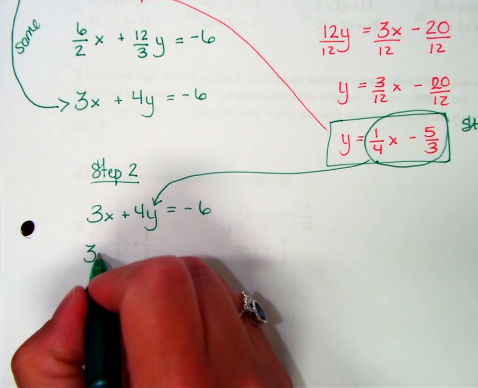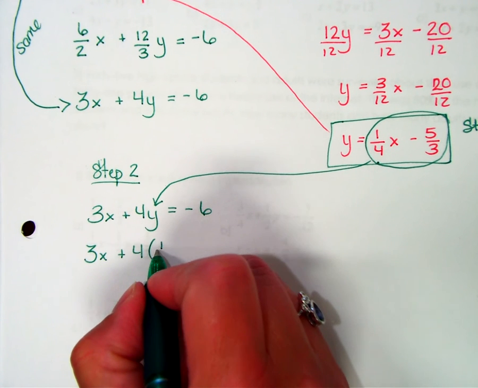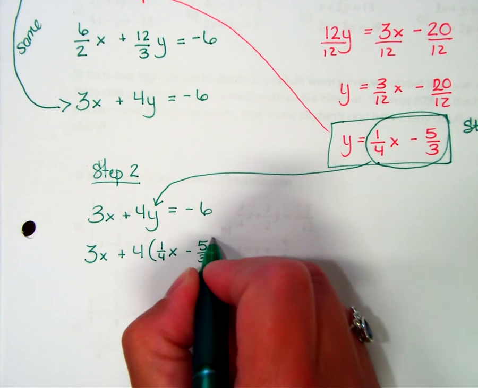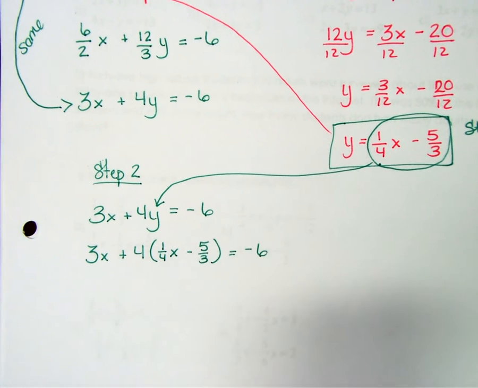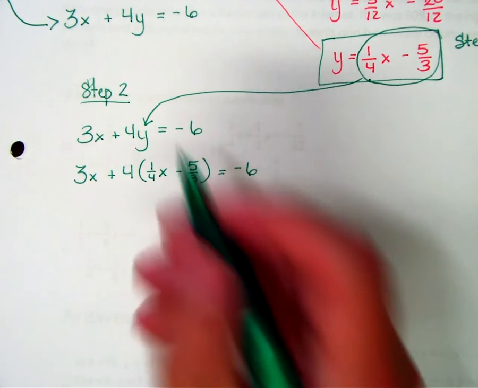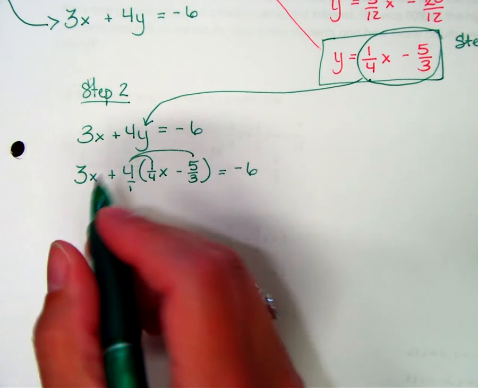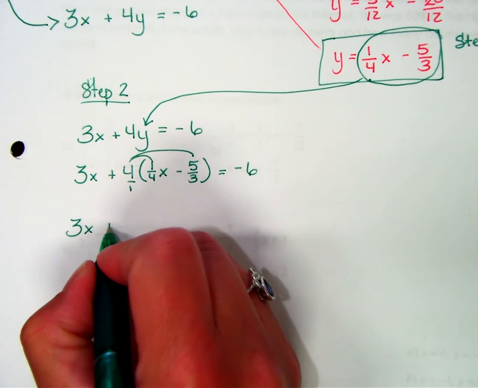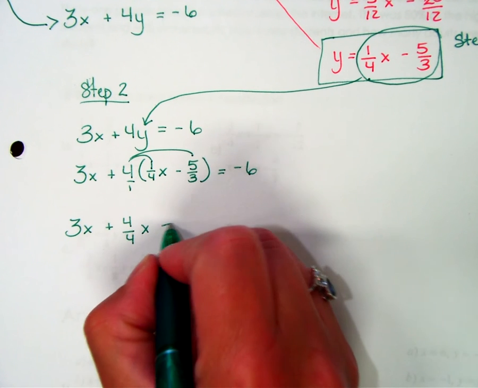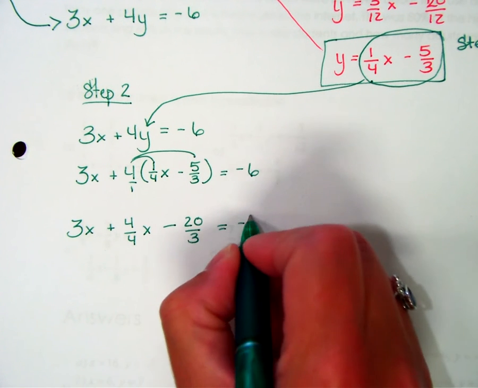So 3 times x plus 4 times 1/4 x minus 5/3 equals -6. So you can't forget your other piece of it. So this is like saying 4/1, so I'm going to go through and leapfrog this in. So we're going to have 3x plus 4/4x minus 20/3 equals -6.